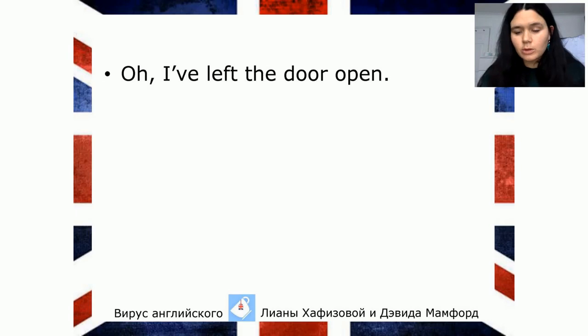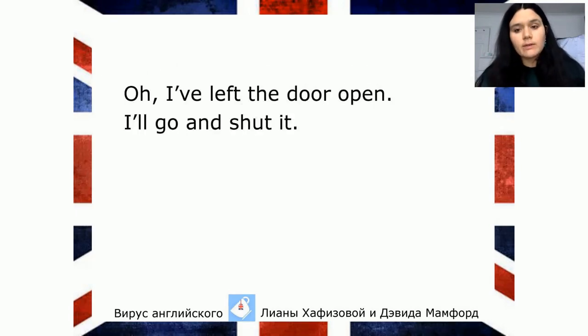The sentence I was looking for is I'll go and shut it. I've left the door open. I'll go and shut it. The reason why we are using future simple here is because it is something that I've decided while I was talking.